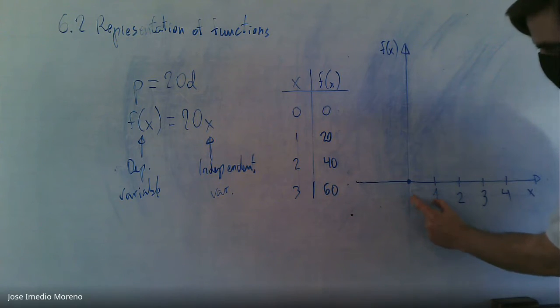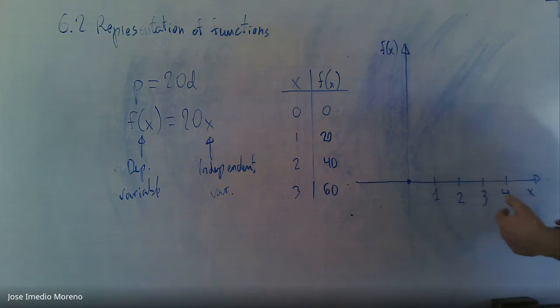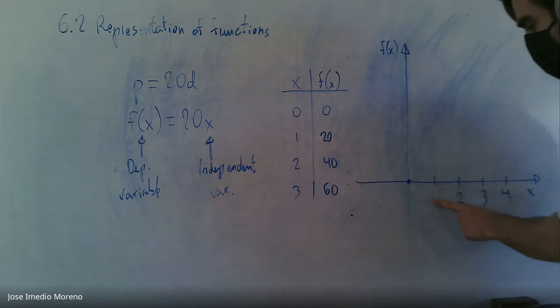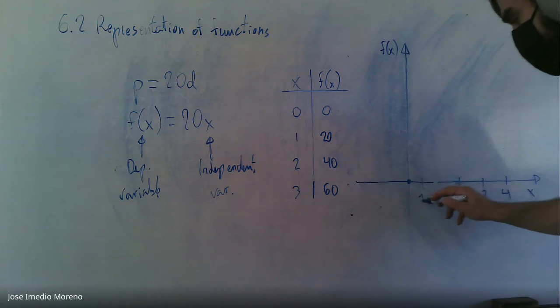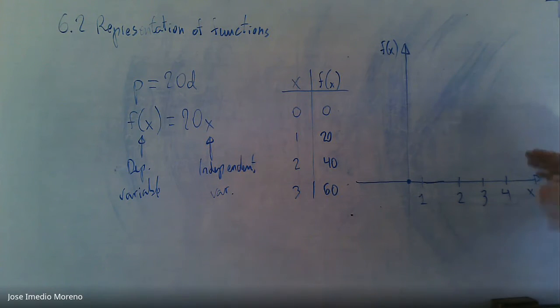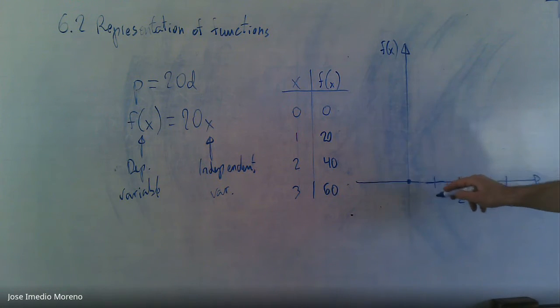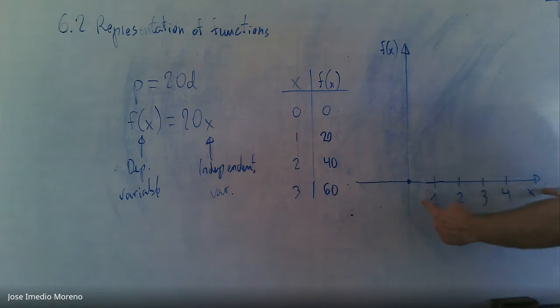If these two squares are 1 unit, this distance has to be 1 unit along the whole axis. I cannot change that. I cannot put the 1 here and the 2, 3 squares away. No, that's wrong. I need to make it very clear, and it's clear if I maintain the scale along the whole axis. Each distance should have the same value along the whole axis.